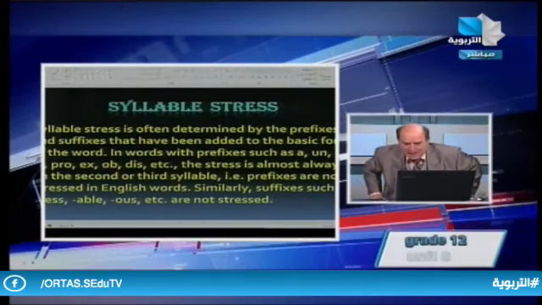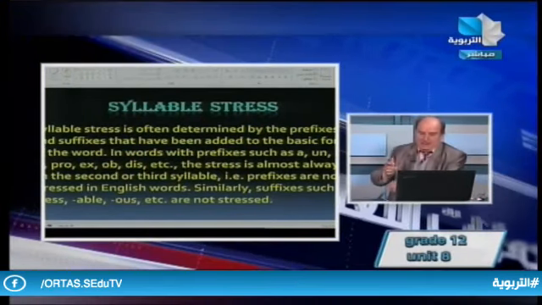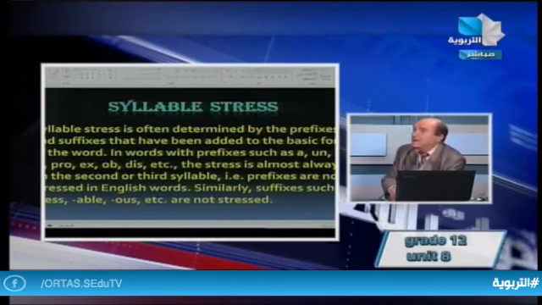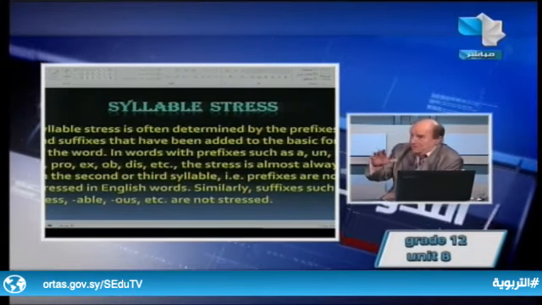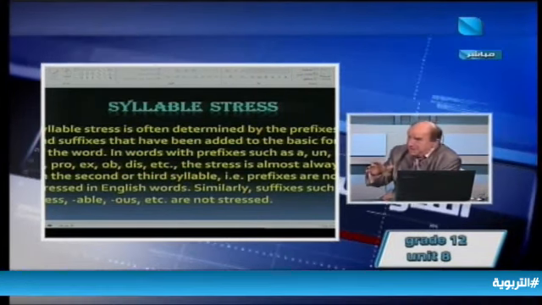Very nice indeed. Actually, this is about the body idioms. We talked about body idioms. We talked about the general idea of the unit, which is facts about the human body. Also, we studied some new vocabulary, some new words which are related to the text.